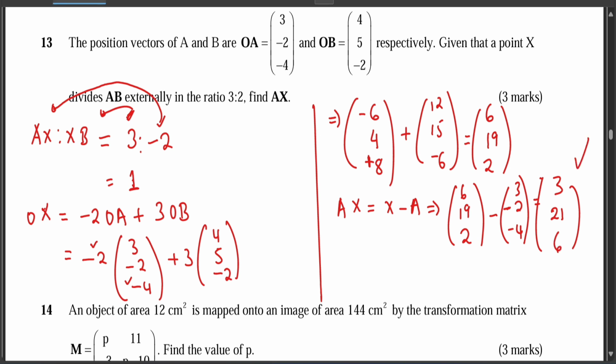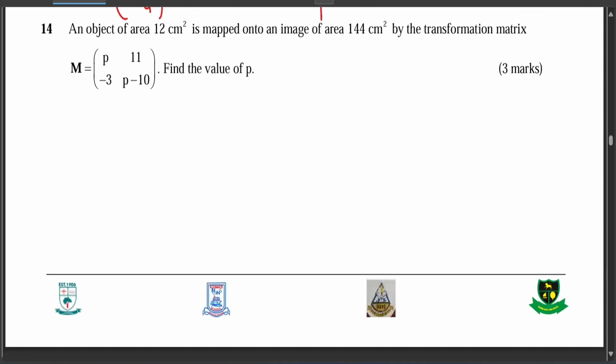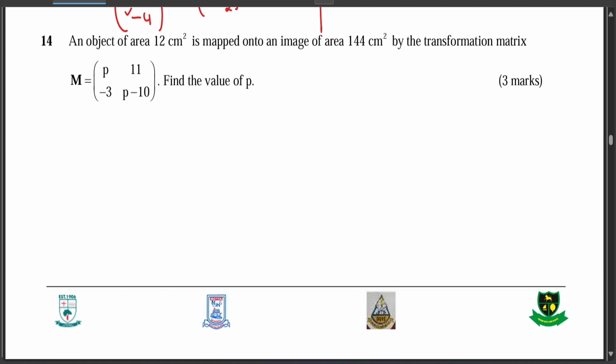Very simple answer. Okay, let's go to question 14, and we're nearing the end. Question 14 says an object of area 12 centimeters square is mapped onto an image of area 144 centimeters square by the transformation matrix, which is M, P 11, -3, P -10. So now let's find our determinant first. Our determinant is given by the main diagonal minus the other diagonal.